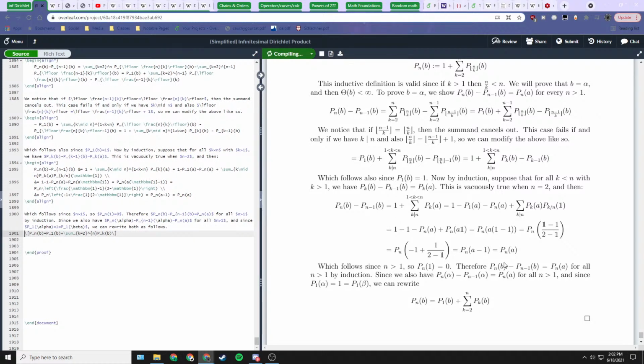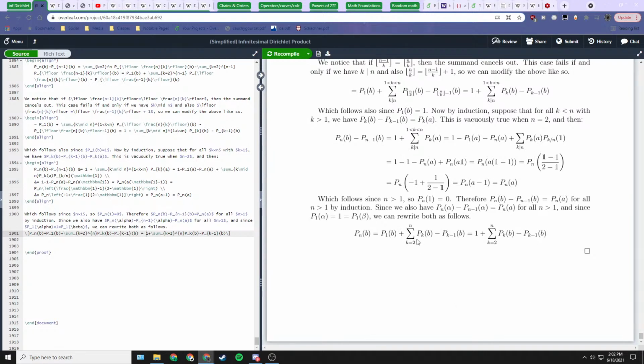So p sub n of b is p sub 1 of b plus the sum of differences, p sub k minus p sub k minus 1 of b. The first term is 1. By the way, this is just a telescoping sum when we do this.